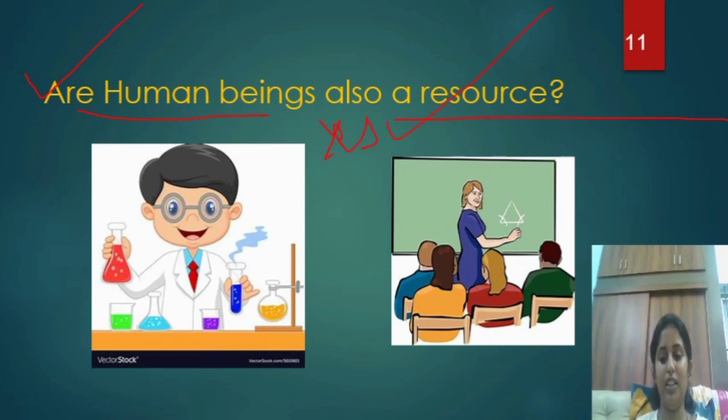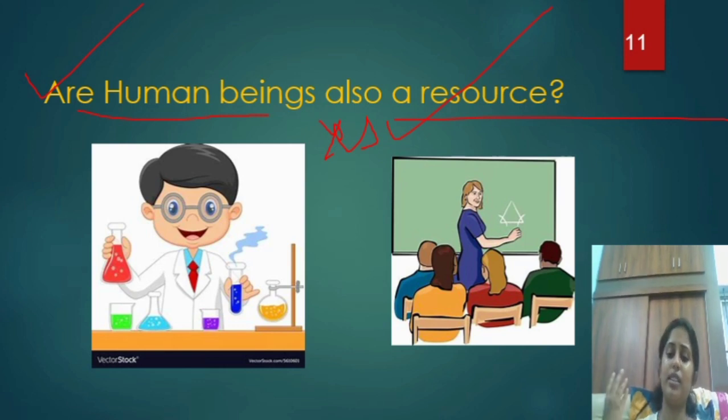Why? Students, you can see, 10 years back, what we were, today we are not. Ten years ago, when I was a student or when your parents were students, we used to just study from books. But today you people are not only limited to books. You use mobiles, laptops, tabs to study.